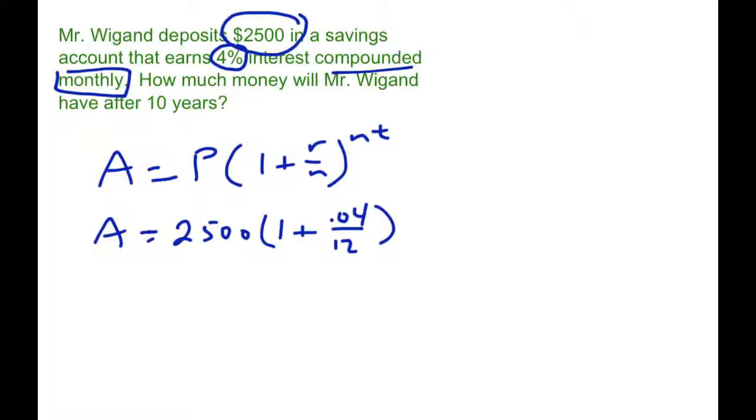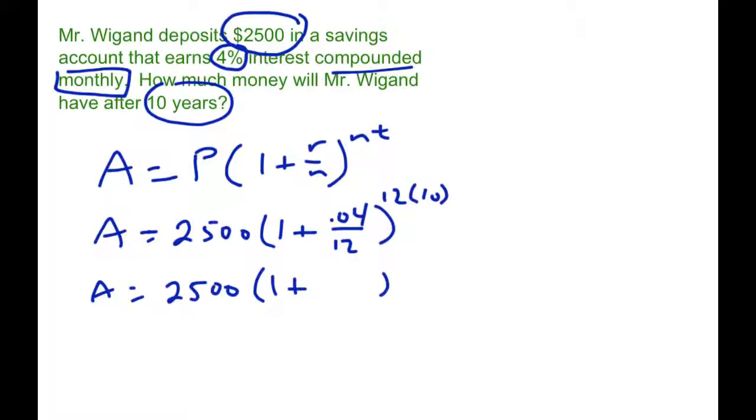And then to the N, 12, times T power, and T is the number of years, 10 years. Alright, so 2,500 times 1 plus 0.04 over 12. Alright, so for my exponent, I have 12 times 10, 120.